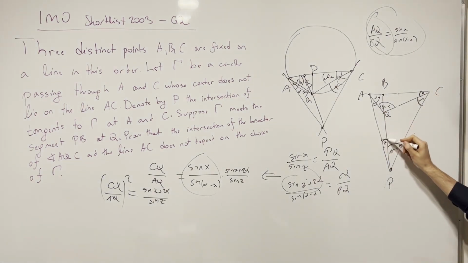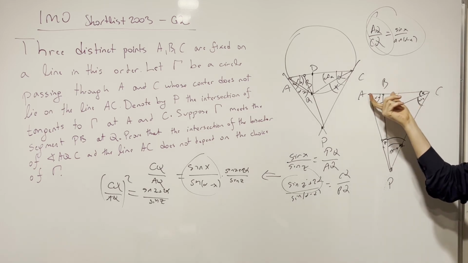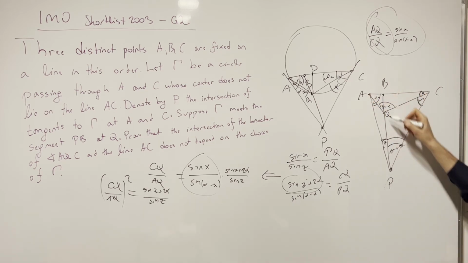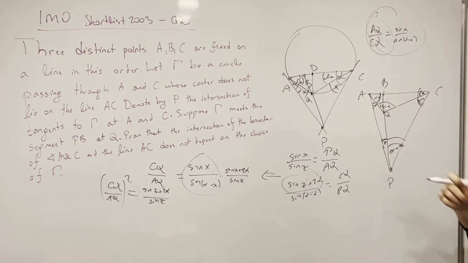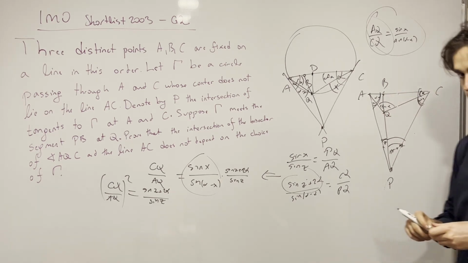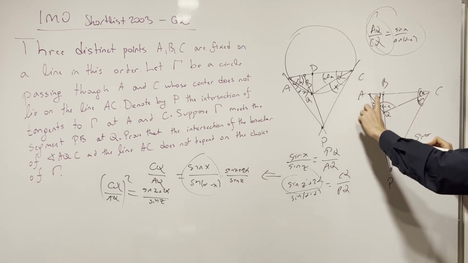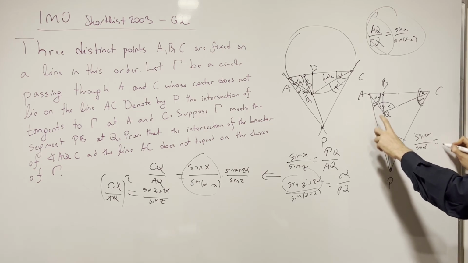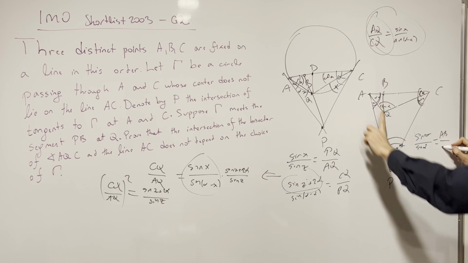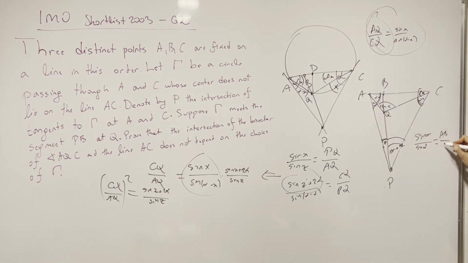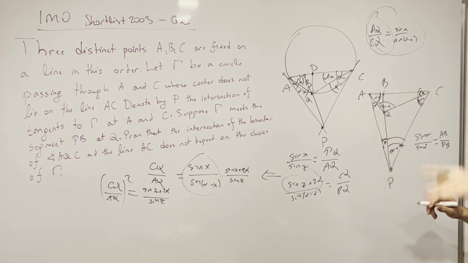But now that I have sine of this over sine of this, I can bring it back to AB over BC. Because if I look at these two triangles, and I have alphas on this side, so that's a positive thing. So I'll get that sine of z over sine of alpha is equal to AB over PB, my bad.